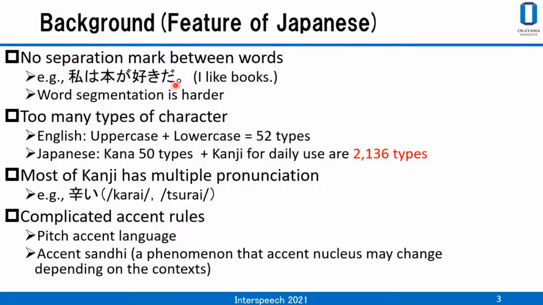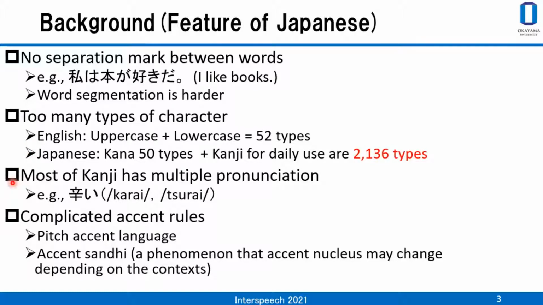So, word segmentation is harder. Second, the Japanese writing system uses many types of characters. English uses 52 types, including uppercase and lowercase. In Japanese, there are 50 types of kana and over 2,000 types of kanji for daily use.